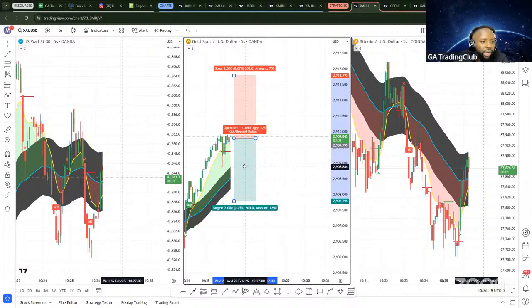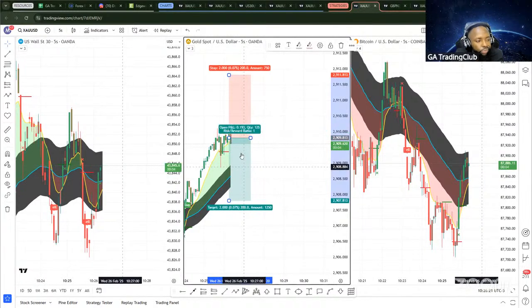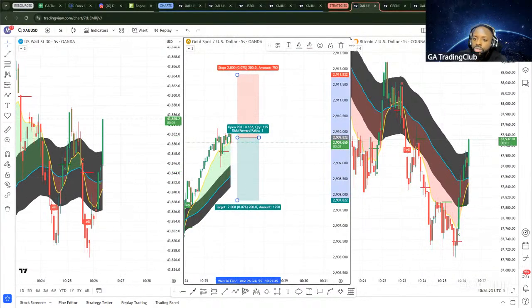Looking for that red X, and let's see if this would turn out to be a winner.